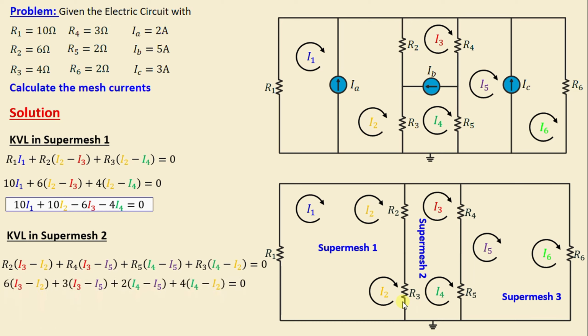If we replace the resistors with their numerical values, we obtain 6(I3 minus I2) plus 3(I3 minus I5) plus 2(I4 minus I5) plus 4(I4 minus I2) is equal to 0. If we continue simplifying this equation, we obtain finally 9I3 minus 10I2 minus 5I5 plus 6I4 is equal to 0.